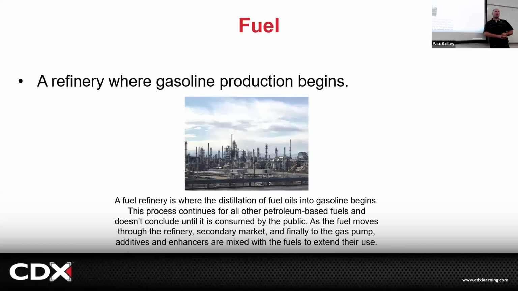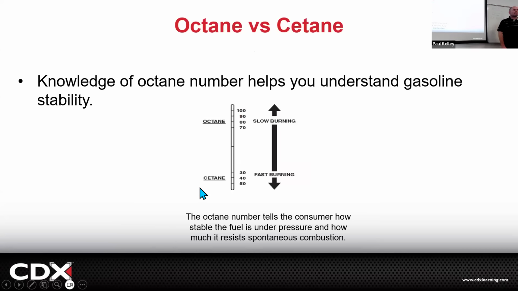And then something even like jet fuel or diesel, it's all coming from this, but we have to refine it to a specific specification, okay? And then a lot of times we'll mix it with some things too. So this is where we make the gas.